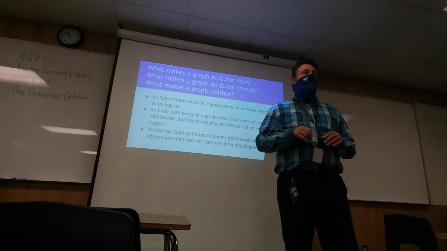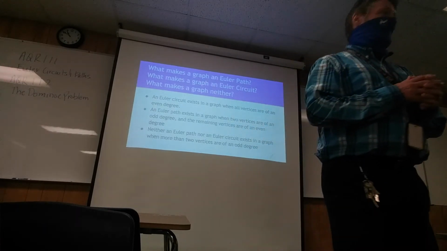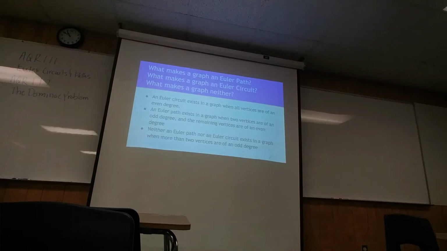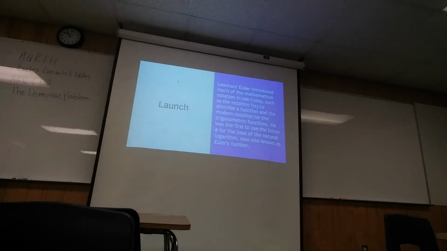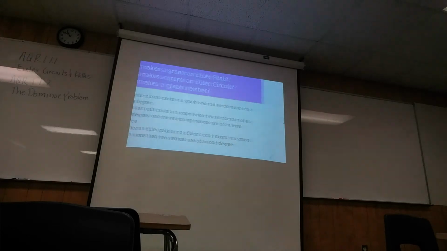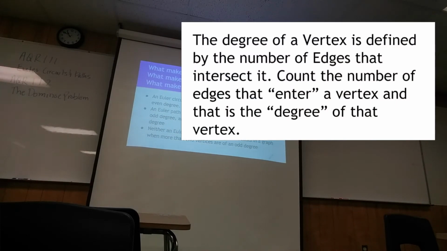Now, what makes a vertex odd or even? Let's talk about that. Let's look at it closely. A vertex's degree is defined by the number of edges that actually enter and exit the vertex.